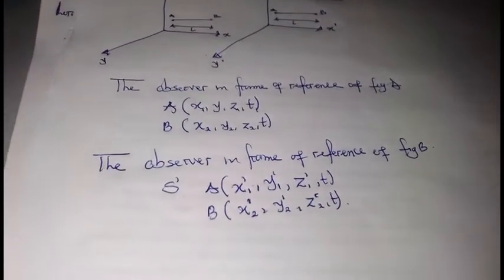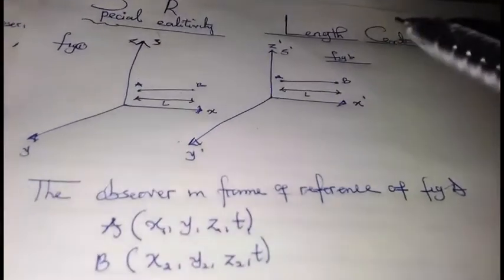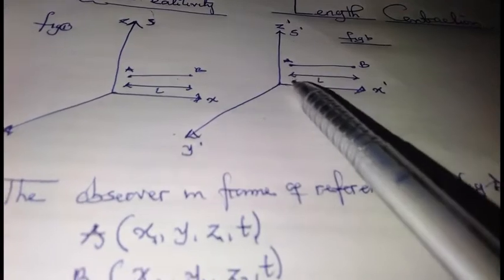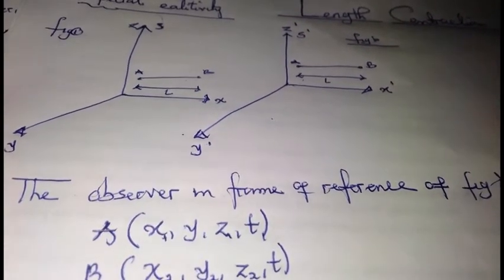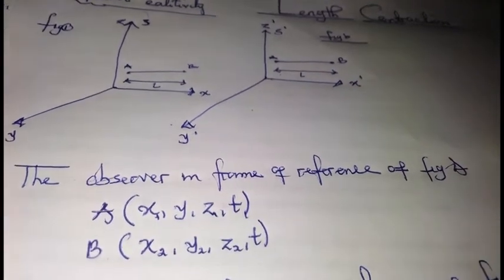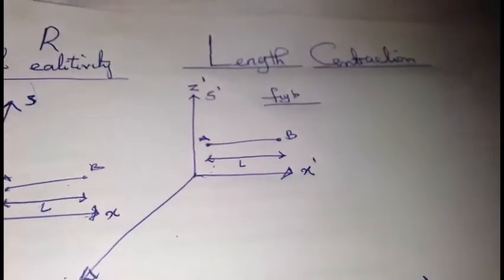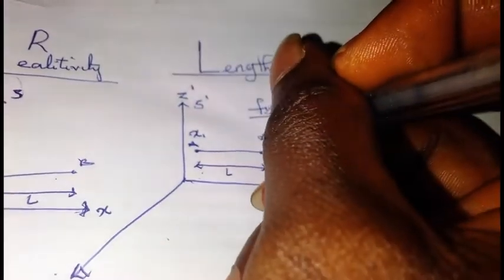So next, the length L can give me the change in length, that's x2 minus x1. So here is x1, here is x2.